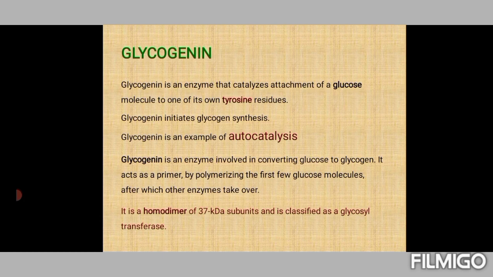What it does is catalyze the attachment of glucose molecules into its own structure. That is, this is a protein and hence it will have amino acids in it. It has a tyrosine unit at the 194 position, and glucose will be attached to this tyrosine. So this is called autocatalysis, and this step actually initiates glycogen synthesis.